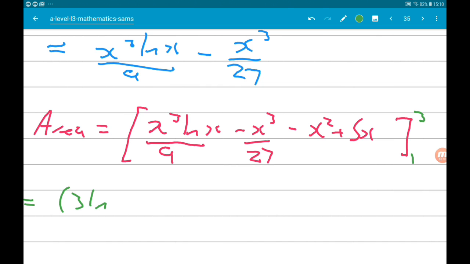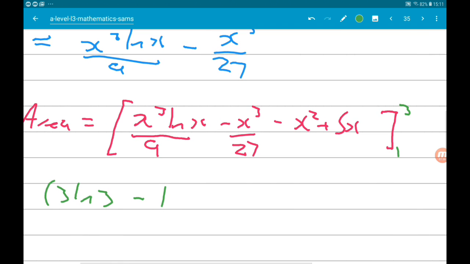And then we're going to get minus 3 cubed over 27, so that's 27 over 27, that's minus 1. Then we're going to get minus 9, add 15, and then when we whack 1 in, quite nicely, a log of 1 is 0.